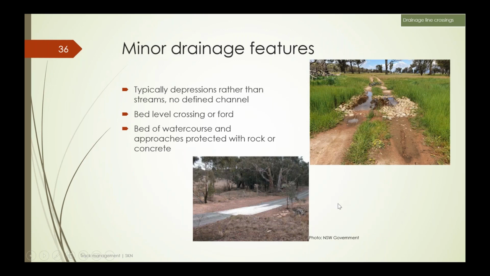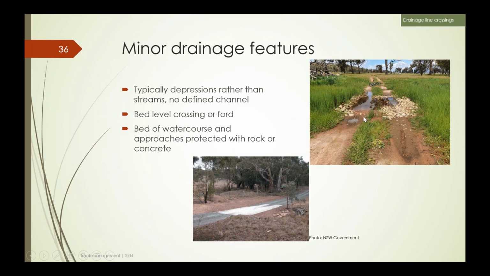So you'll see that we're really trying to encourage in all drainage features, both minor and major, the idea of bed level crossings. We're trying to get away from culverts. These are just minor crossings where it's a problem with occasional flows.